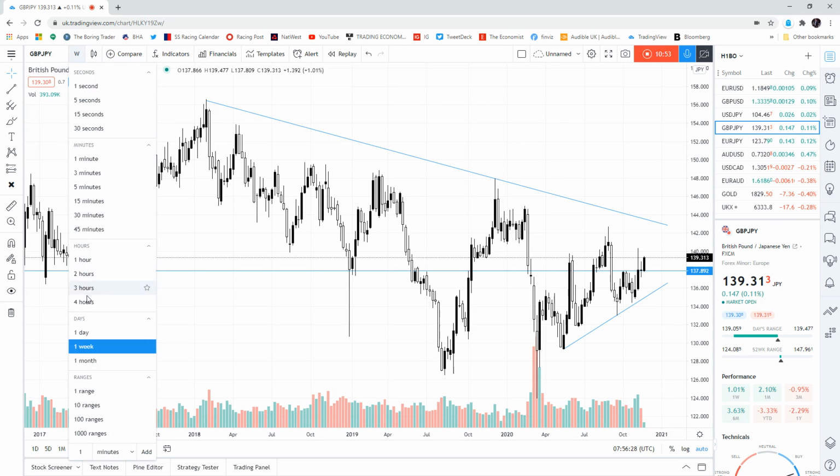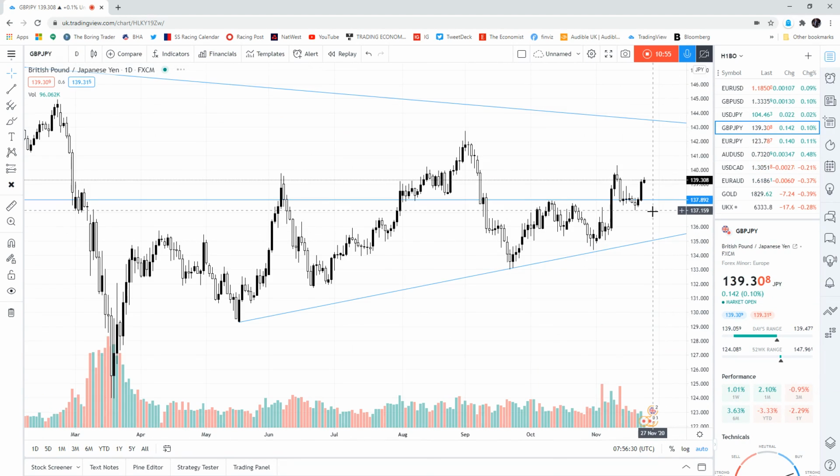If we don't, and we see a close below this 137.90 area, then expect that we go and test this trend line that's been respected as support a few times this year. So keep your eye on those things in GY.